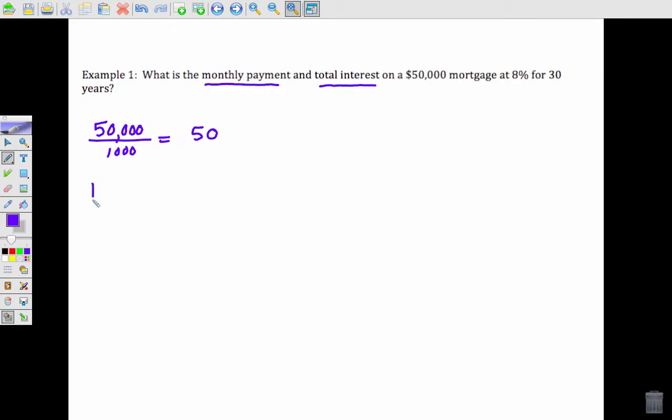I then go to my 14.1 table and I pull out my table factor, and the table factor is going to be coming from 8% for 30 years. So you use those two numbers, and if you look in table 14.1, we will find our table factor is equal to 7.34.